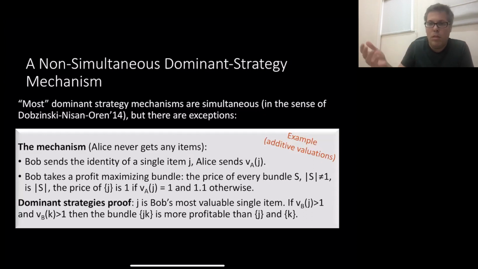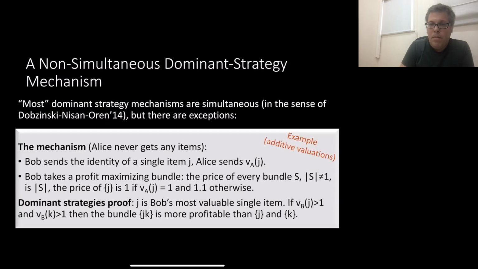That is, we price 2 items at 2, 3 items at 3, 4 items at 4, 0 items at 0, and so on, except for bundles of size 1, in which we allow Bob to take only one particular bundle. This is the item that was sent in the first round. We price that item at 1 if what Alice sent back is 1. If Alice's value for the item is not 1, we price it at 1.1.